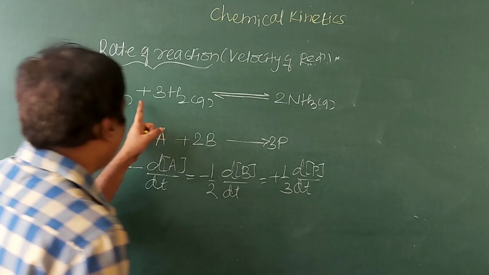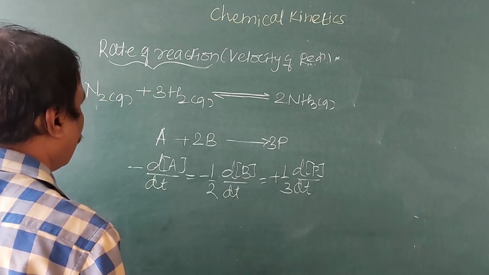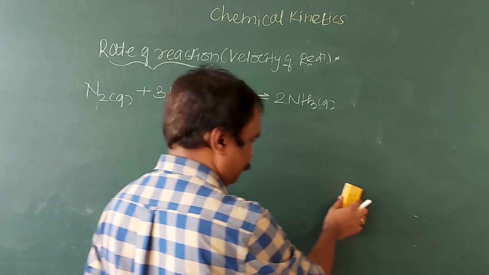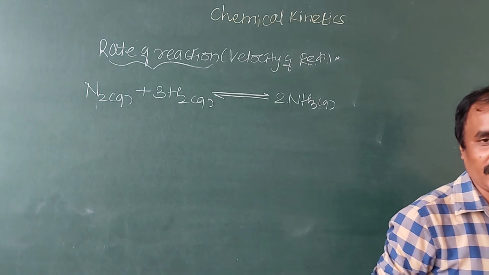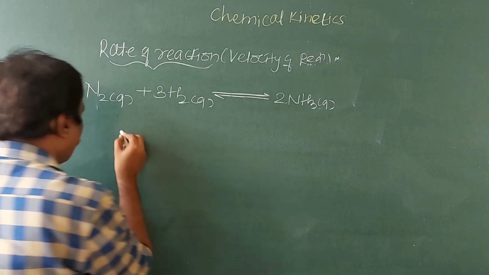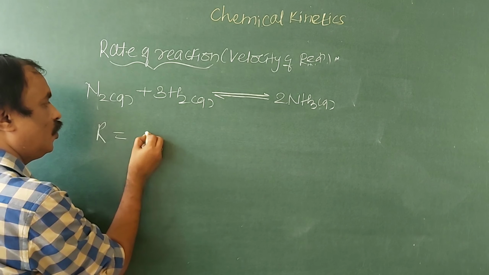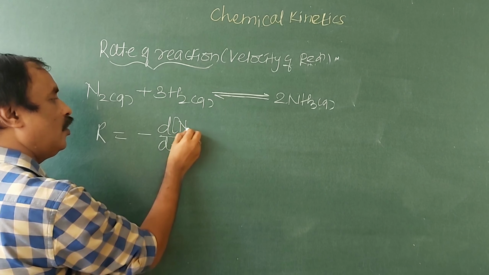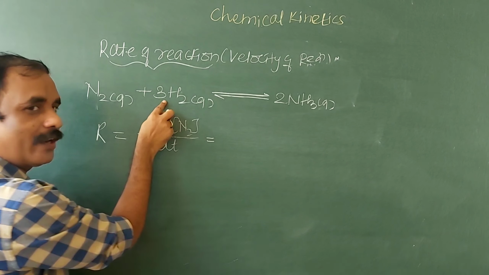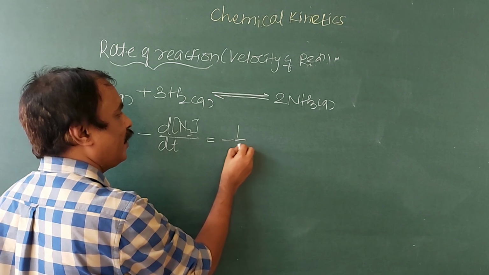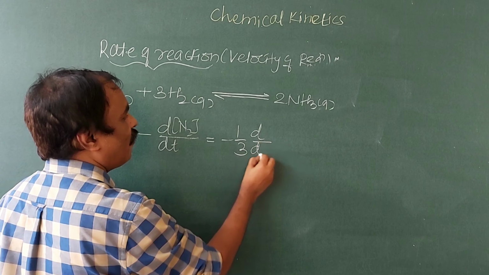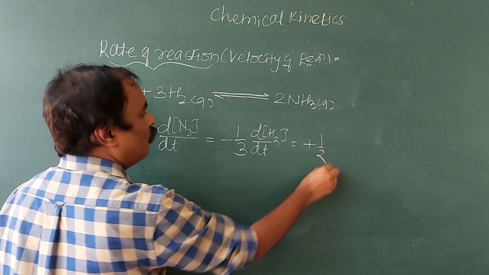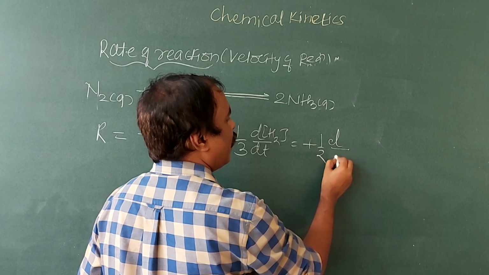For this I have taken the synthesis of ammonia. 1 mole of nitrogen reacts with 3 moles of hydrogen. Then how to write the rate of reaction? See here. Rate of reaction R is equal to minus d by dt of concentration of N2, equal to, here 3 is the coefficient, minus 1 by 3 d by dt of H2, plus 1 by 2 d by dt of what?